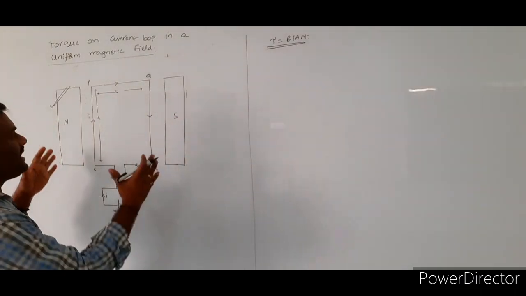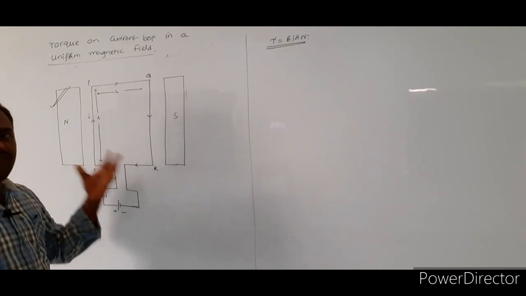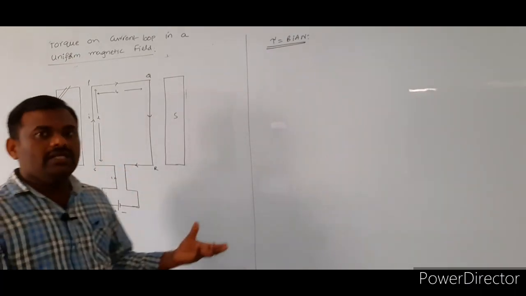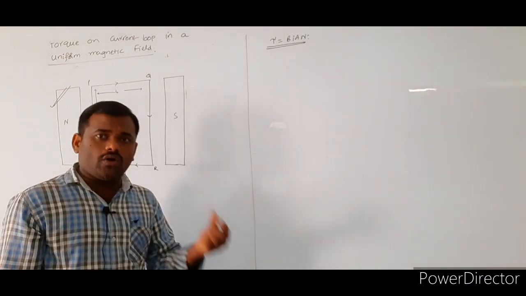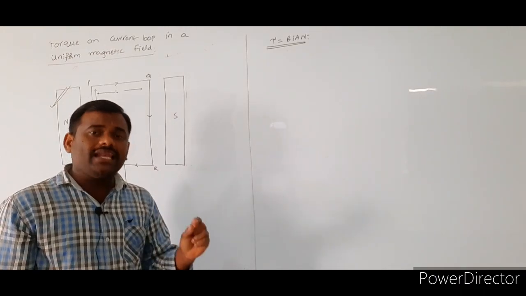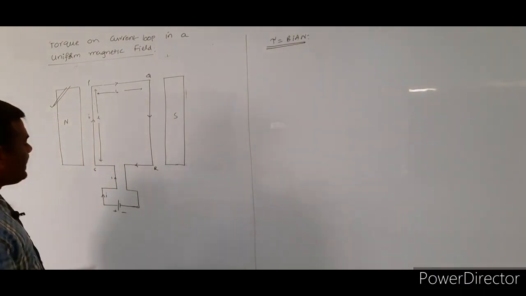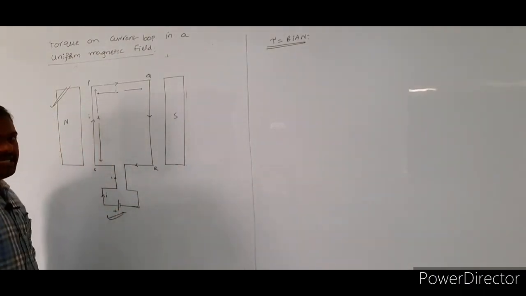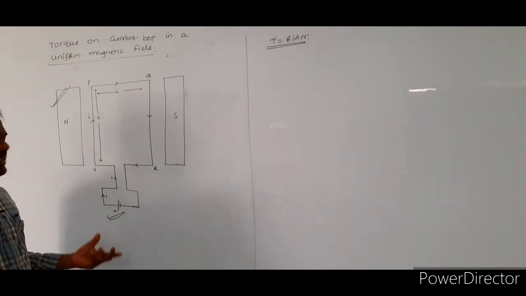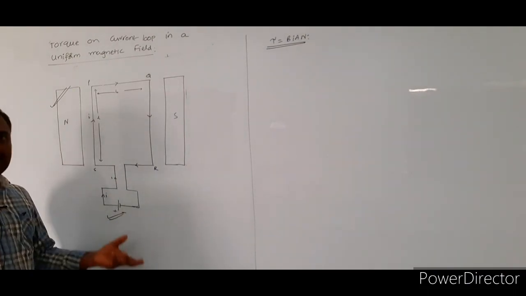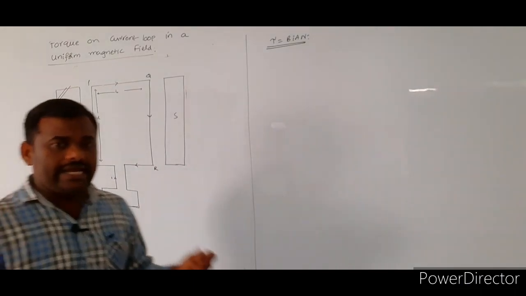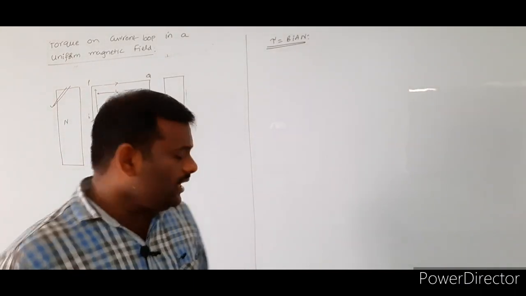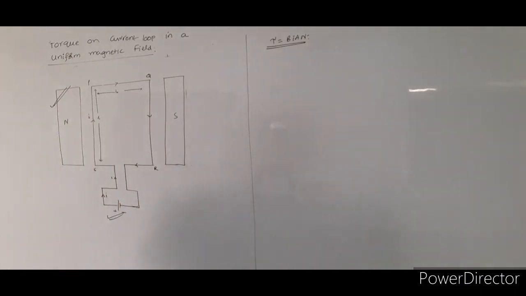In this strong external magnetic field region, we suspend a rectangular current carrying coil, which is connected to a power supply, a battery. Using this battery, we produce the electrical current in this coil.